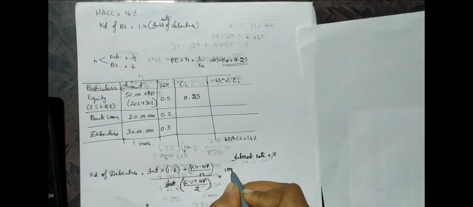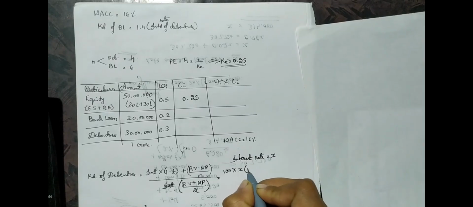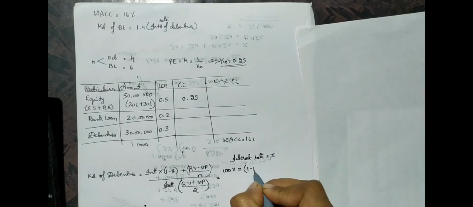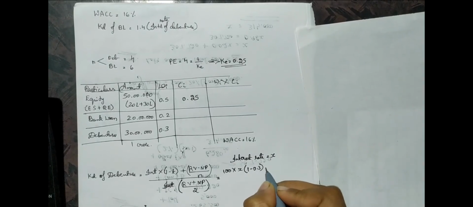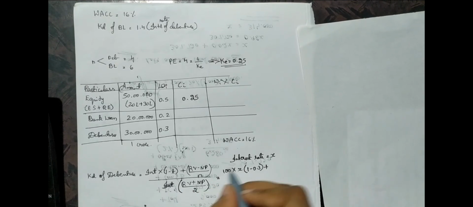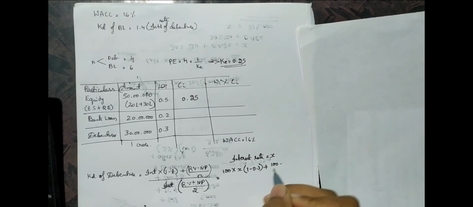So assuming interest rate as X, what is the value of debentures? It is 100 into X percent, whatever the percent we don't know, so 100 into X into 1 minus tax, that is tax is 30%, plus redeemable value is 100, because they have given that debentures are redeemable at par, minus net proceeds.